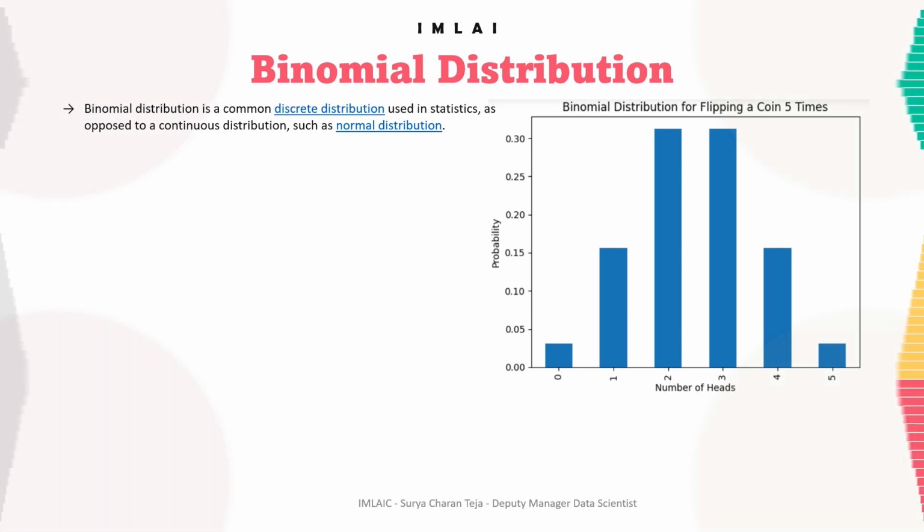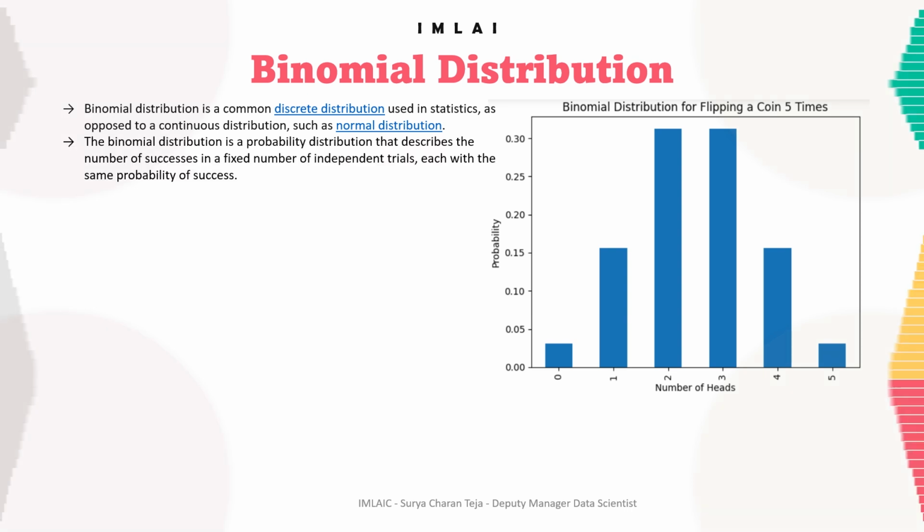The binomial distribution is a probability distribution that describes the number of successes in a fixed number of independent trials, each with the same probability of success. As I've told you, it's a discrete function, which means that it takes on a finite number of possible values.